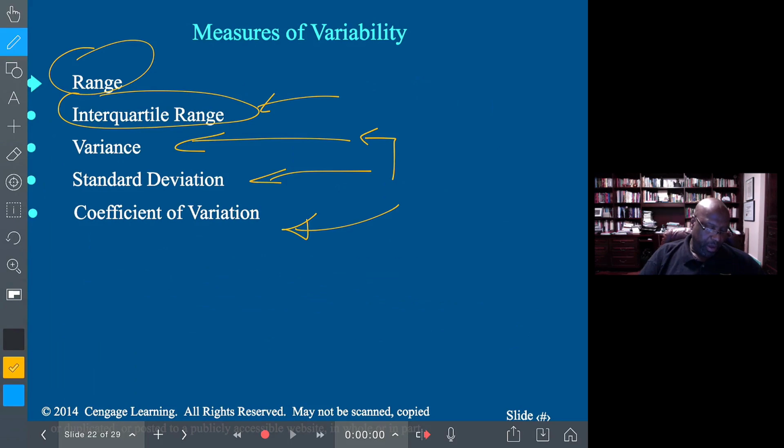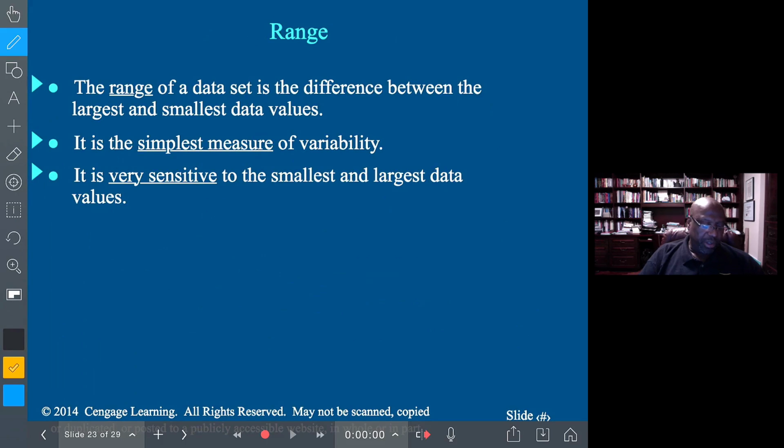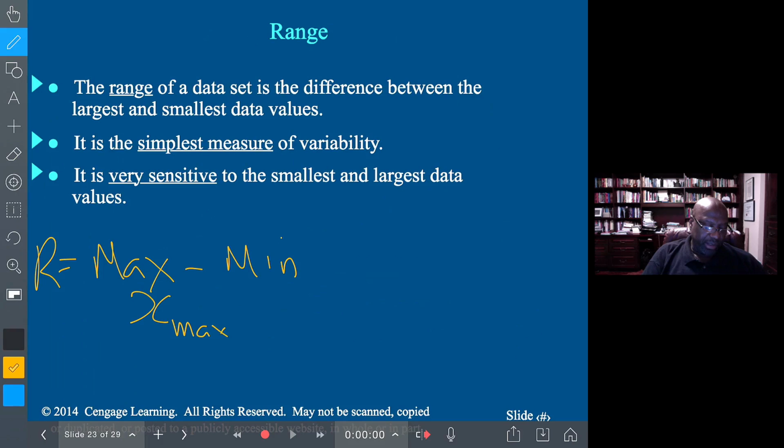Range is the simplest of them all: the distance between the smallest value and the largest value. Max minus min is the range. That's as simple as it gets. In notation, we say x max minus x min.